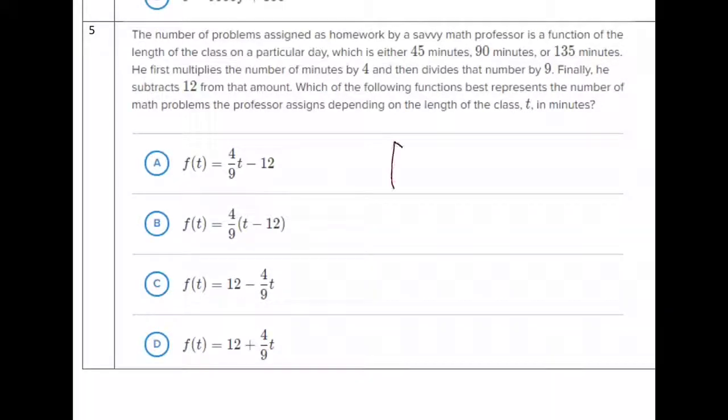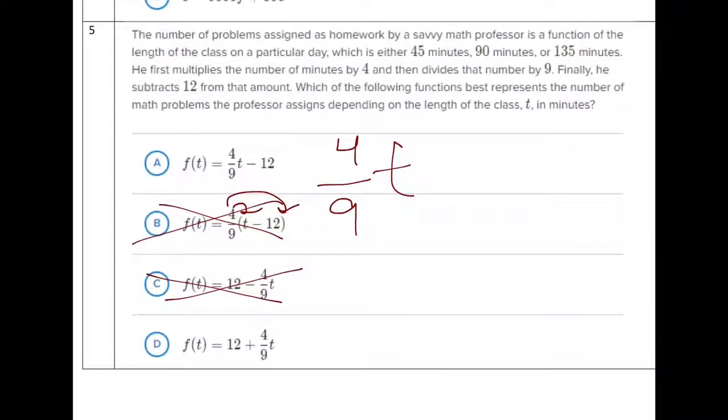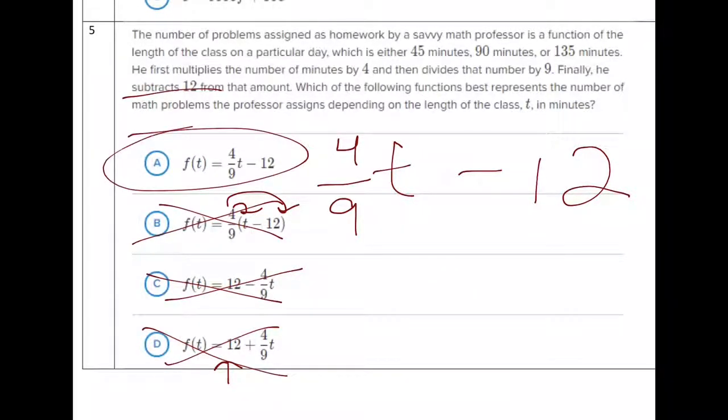So we're going to take T, and we're going to multiply it by 4, and then we're going to divide by 9. So any of these that have T multiplied by 4/9 are good. The negative one is wrong, and this would have to distribute the 4/9 twice, so that one is wrong. And we are down to either A or D. And it says he subtracts 12 from that amount, so we're going to take this minus 12. D has a positive 12, that's why that one is wrong. A is our best answer.